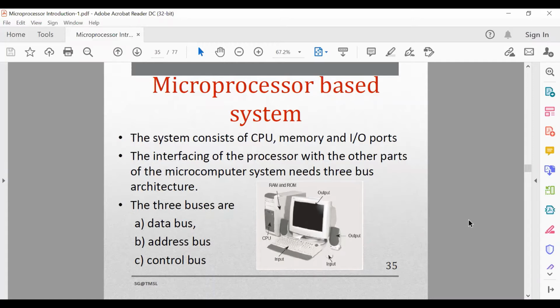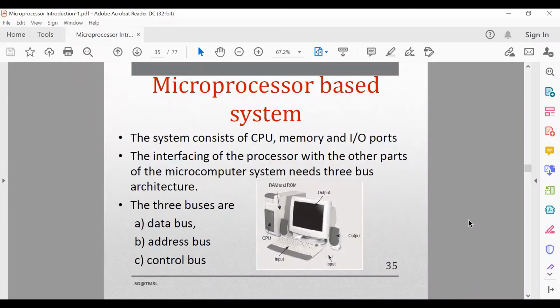What is the use of that memory address? Because my instructions are stored inside the memory. If any microprocessor wants to perform a certain operation, it must fetch that instruction from the memory. So the processor must give the memory address from where the instruction must be fetched. Clear? That's why the address will be transferred through this bus, and it is always unidirectional.